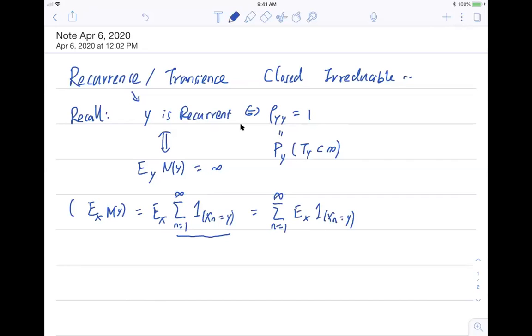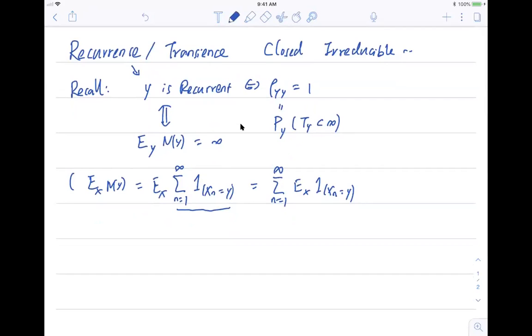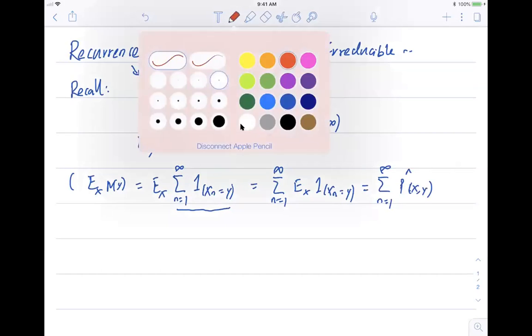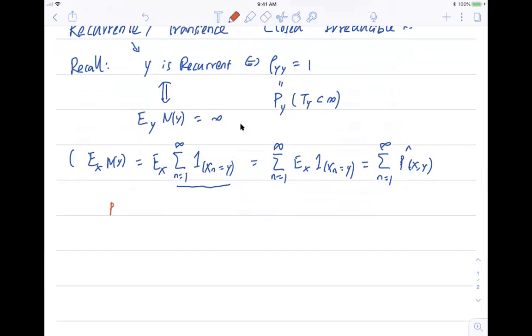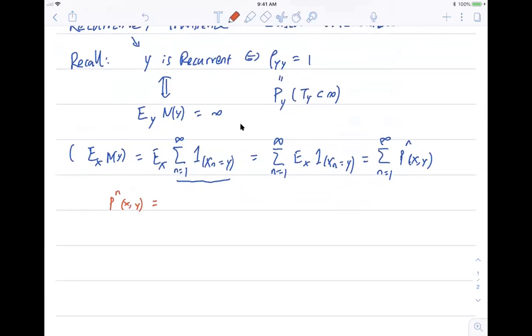So this is an indicator function. What does this mean, right? This is just the probability of starting from x and ending at y in n steps. So this is exactly P^n(x,y). P^n(x,y) is the shorthand notation. I'm not sure we introduced it first, but definitely in the fourth edition it is introduced.